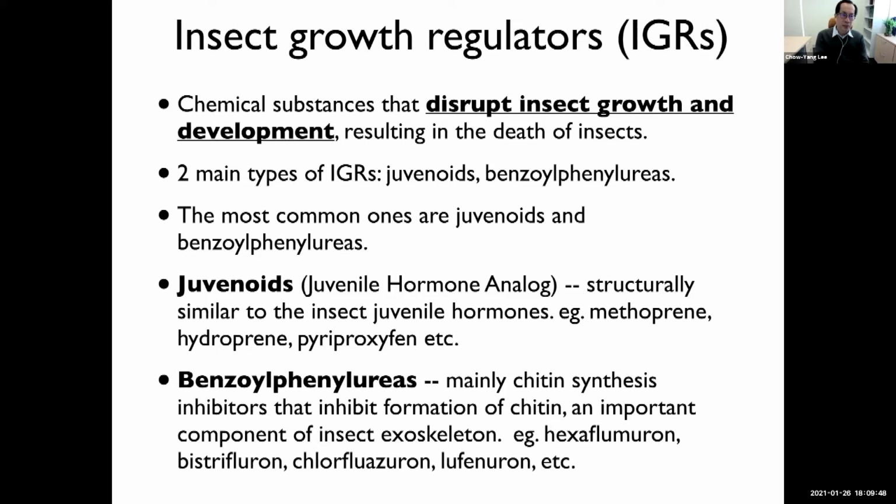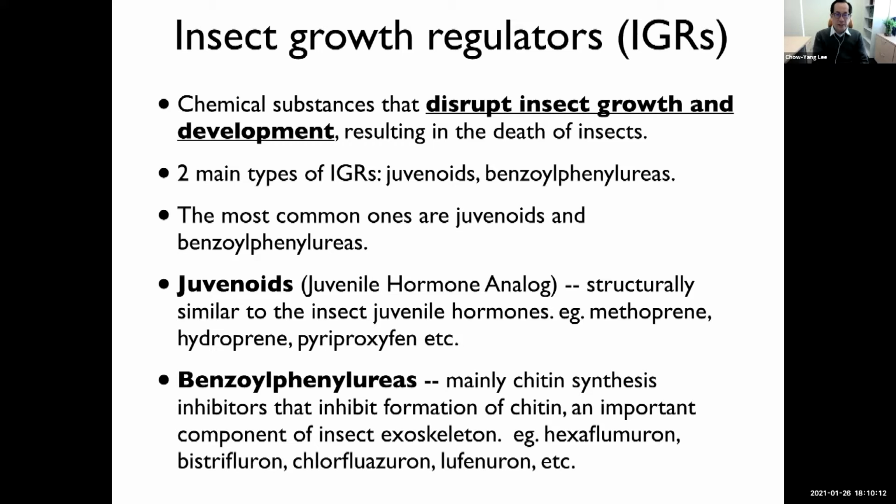The second group is the chitin synthesis inhibitors, also known as benzoylphenylureas. Juvenoids are structurally similar to the insect juvenile hormone. You have candidates used in mosquito control, such as methoprene and also pyriproxyfen.